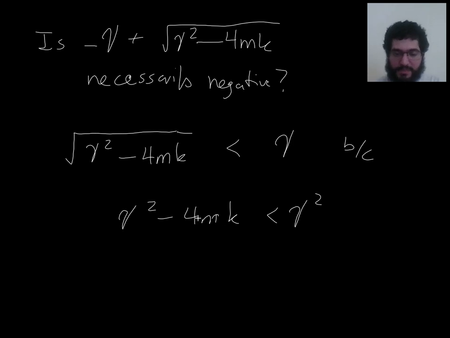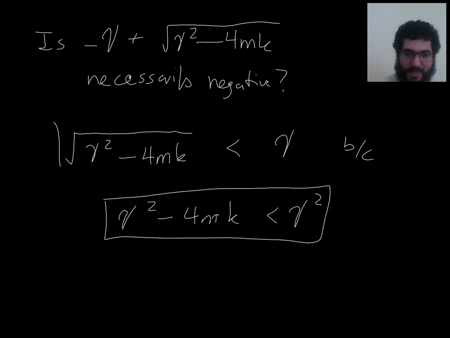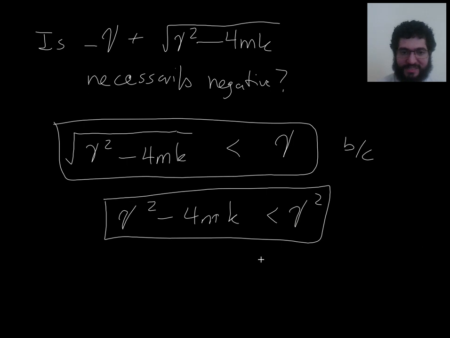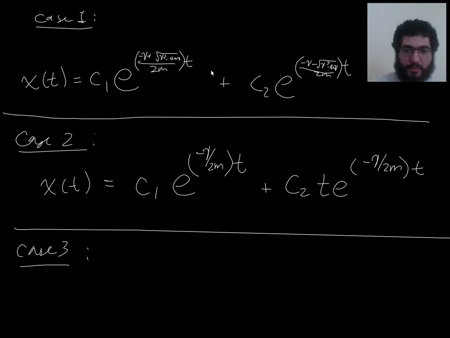Gamma squared minus something positive is going to be less than gamma squared. And really the implication we need is if this is true, then this is true, taking the square root of both sides. So the answer here is yes, for sure. This is necessarily negative, always. So no matter what, we're looking at exponential decay on both terms, even the one that has the plus here, because this rate here is negative.